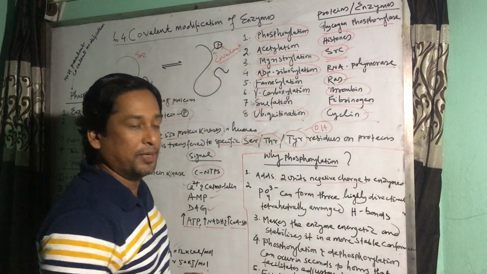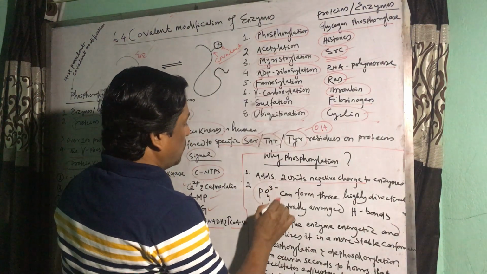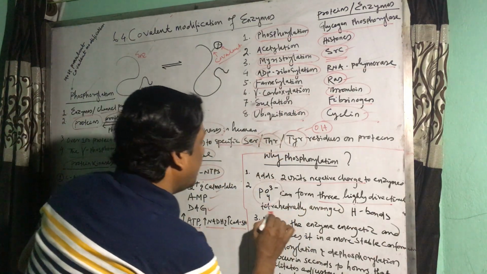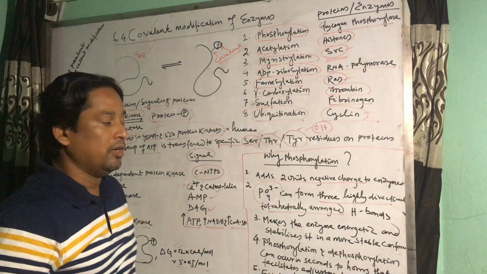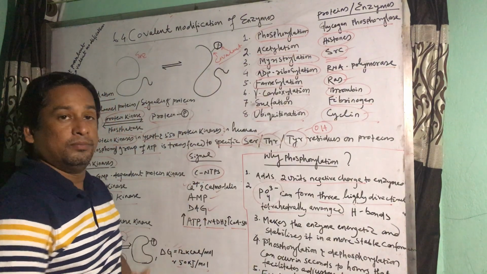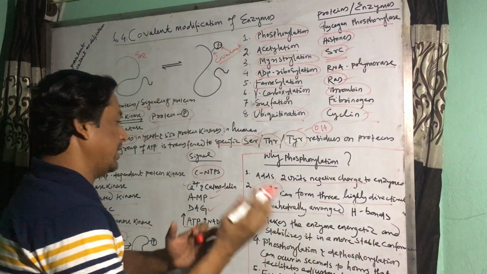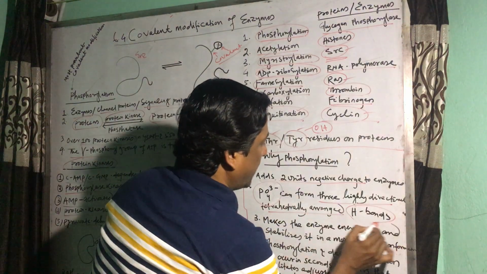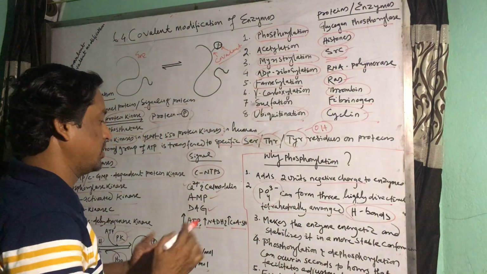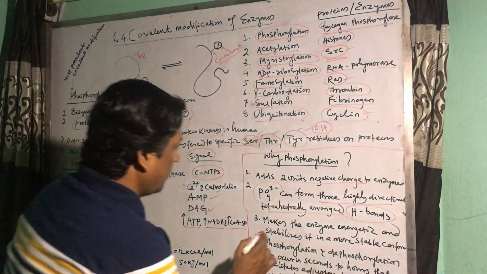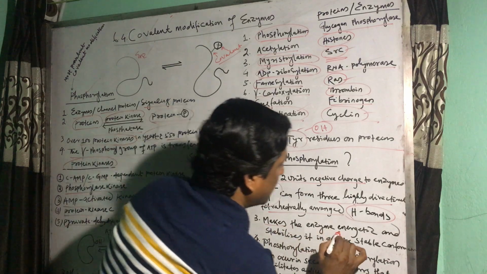Hence, it can activate the protein. Phosphate can form 3 highly directional tetrahedrally arranged hydrogen bonds, which are most reactive, and they can break quickly in response to the different catalytic groups. So they make the enzyme energetic.